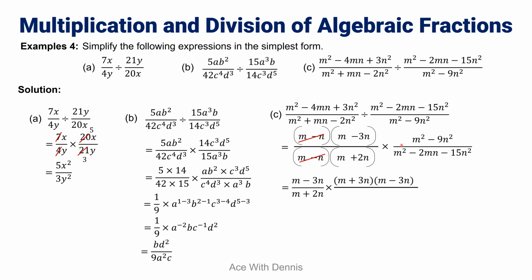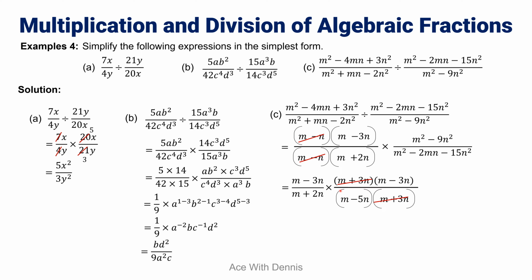Then for this whole thing, we factorize m squared minus 2mn minus 15n squared. Again, use the double bracket method. m times m and negative 5n times positive 3n, we get negative 15n squared. And double check, negative 5n times m plus m times 3n, we get negative 2mn.